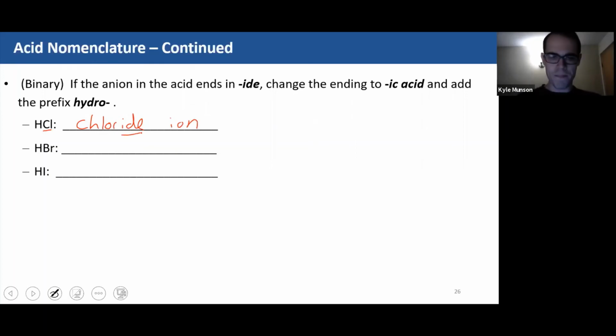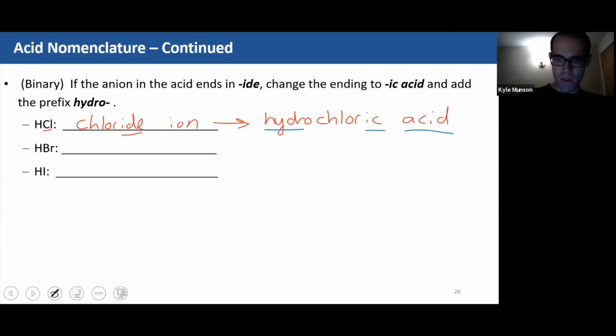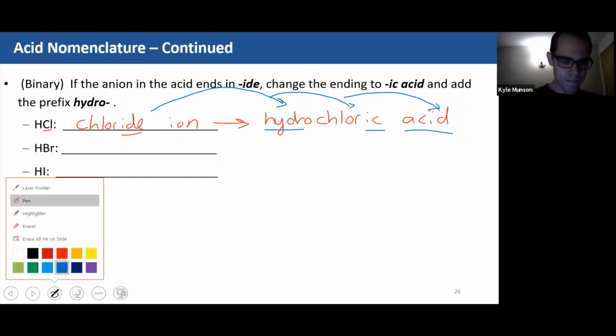IDE ending. So this is going to be changed to hydrochloric acid, okay, where I added those guys. So IDE ending gets those three things added, okay?